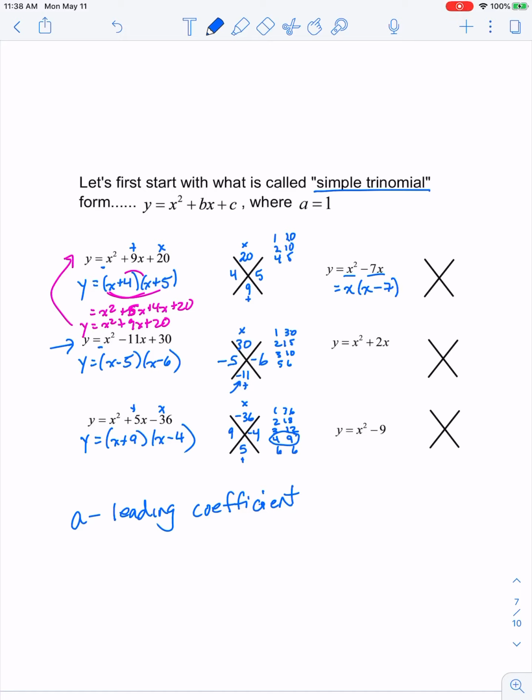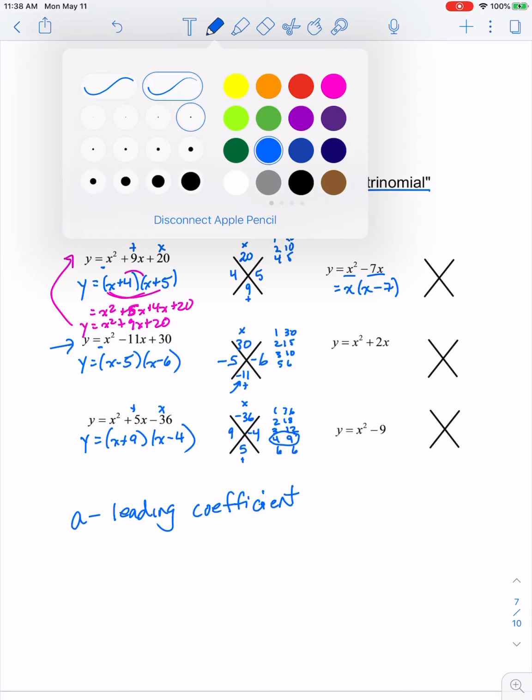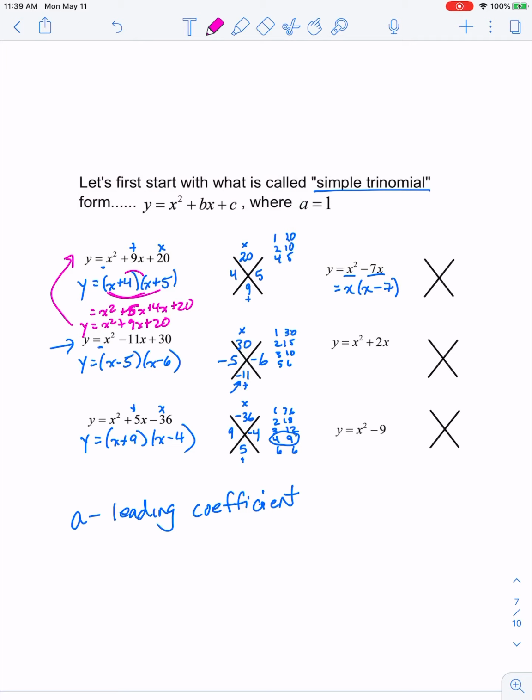And you're done. Now, the other way to think about this is, okay, it's a simple trinomial. I'm going to do this other way in pink. It's a simple trinomial. The number on the end is 0, so that's plus 0 on the end. So they have to multiply to give you 0, and they have to add to give you negative 7.